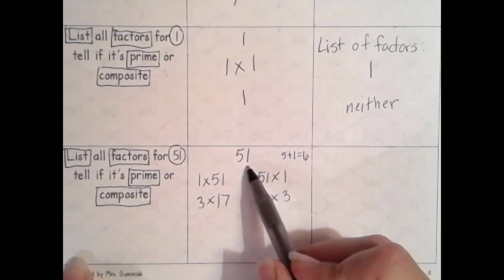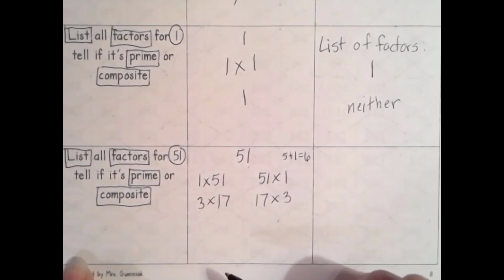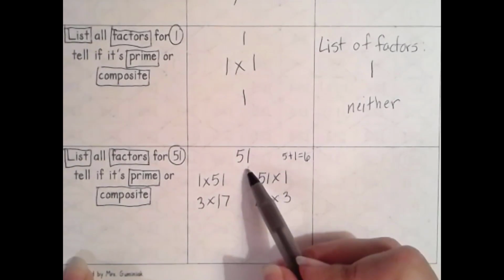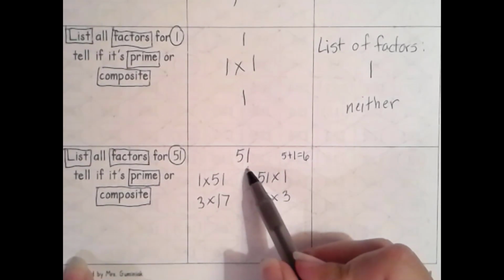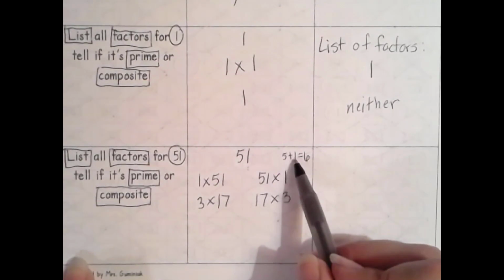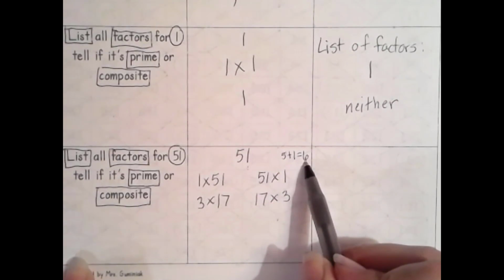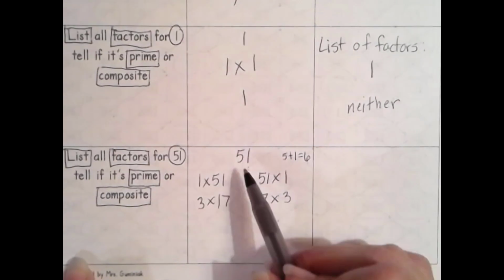It doesn't end in a 0 or 5, so 5 is not a factor. We try 7. Well, I know that 7 times 7 is 49, and then 56. So 51's not in that list, so 7's not a factor. We try 9. It has the same rule as 3. As you add the digits together, we get 6. 6 is not a multiple of 9, so 9's not a factor.